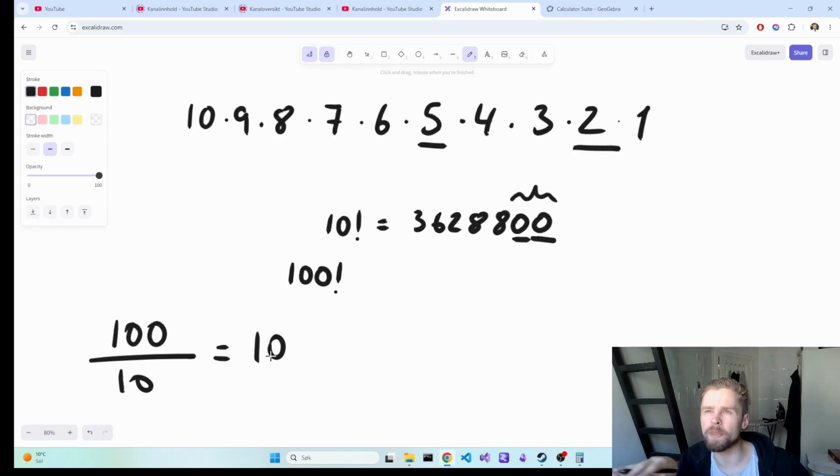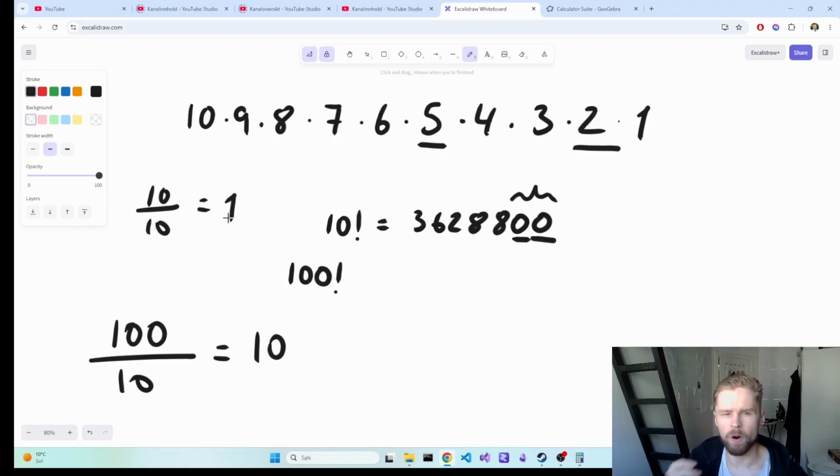But is there nothing in between there that is going to give me a 10 divisible by 10? Because here I got 5 and 2. So if I take 10 divided by 10, I'm just going to get 1. But earlier here I got that 5, I got that 2.